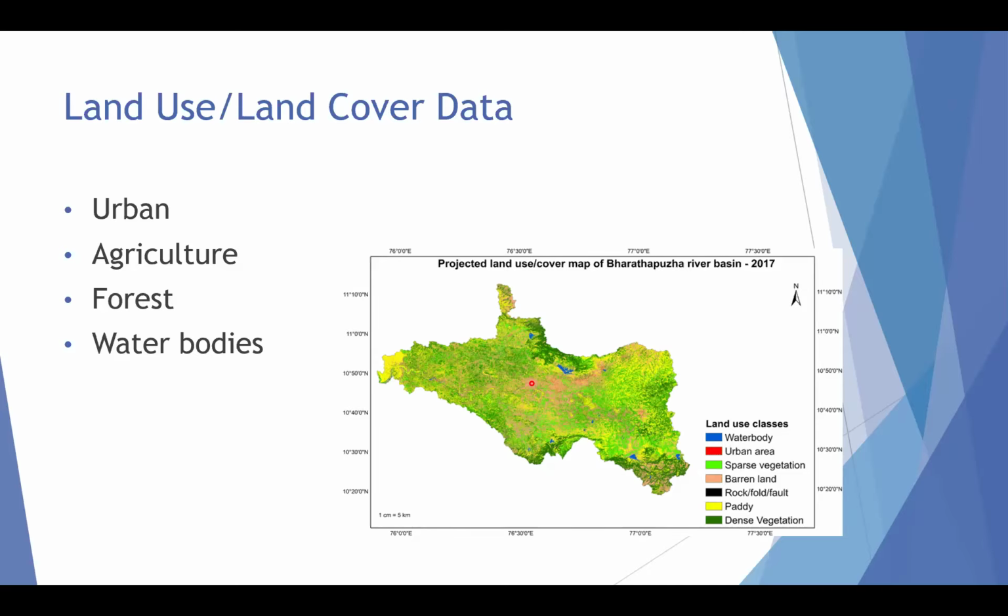This roughness is indeed dependent on the vegetation, so depending on the nature of vegetation, or the land use or land cover types. For example, in the case of forest, you may have less surface runoff. In the land use land cover map, you can have different classes, and each class may have its own effect on the amount of runoff generated.